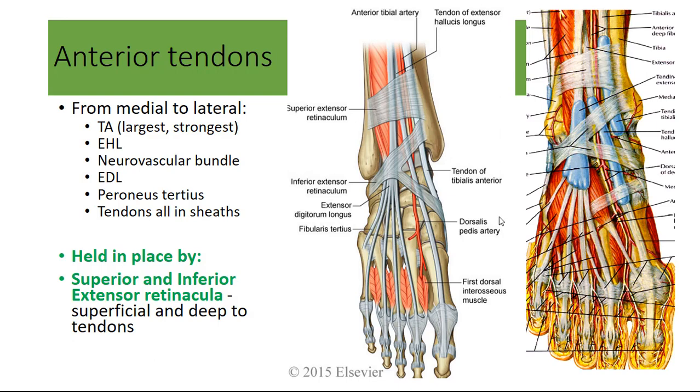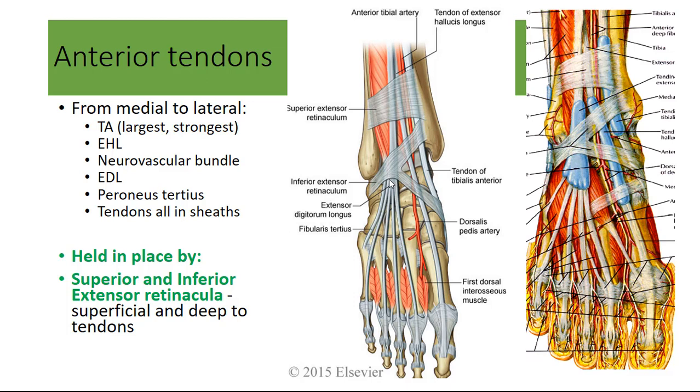So our anterior tendons, we know that they sit in relative positions to the superior and inferior extensor retinaculum, with the tibialis anterior sitting in various positions relative to these retinacular structures. And I tend to think of them as Tom, Harry, and Dick, and the neurovascular bundle will change positions relative to these tendons, as I've shown you already.